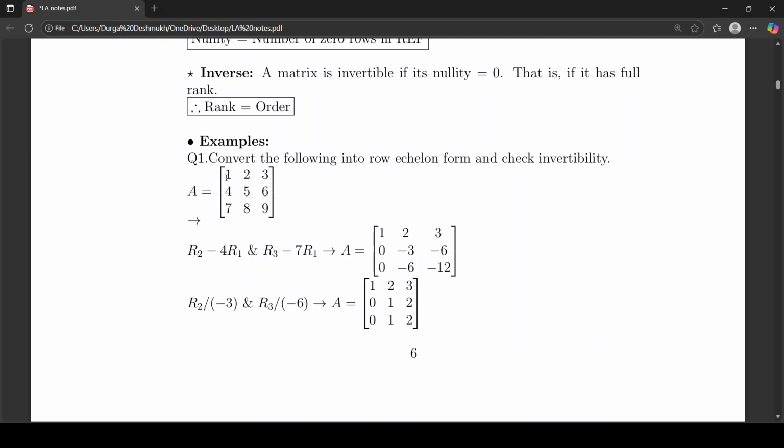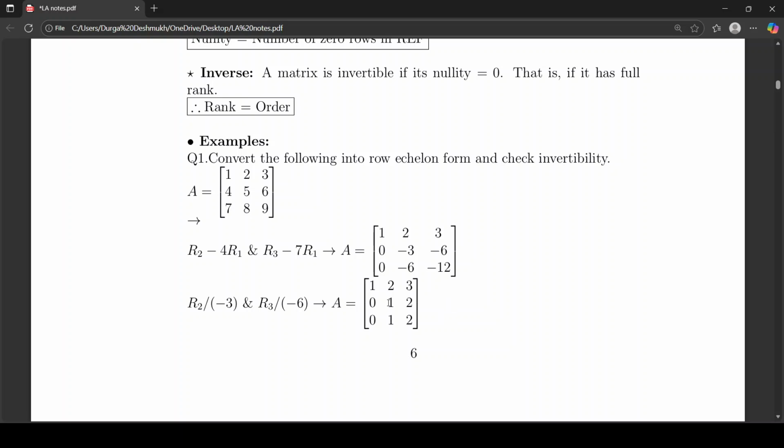Now first, 1 is the leading entry of the first row, so all the entries below it should be 0. So we perform R2 minus 4R1 and R3 minus 7R1. We get this. We simplify it by dividing by minus 3 and minus 6 respectively.